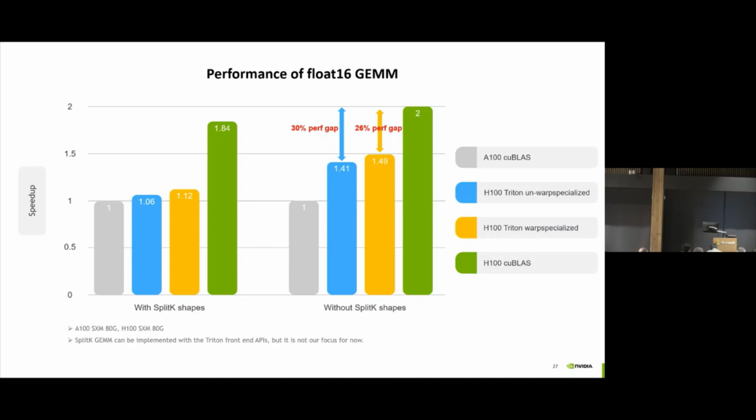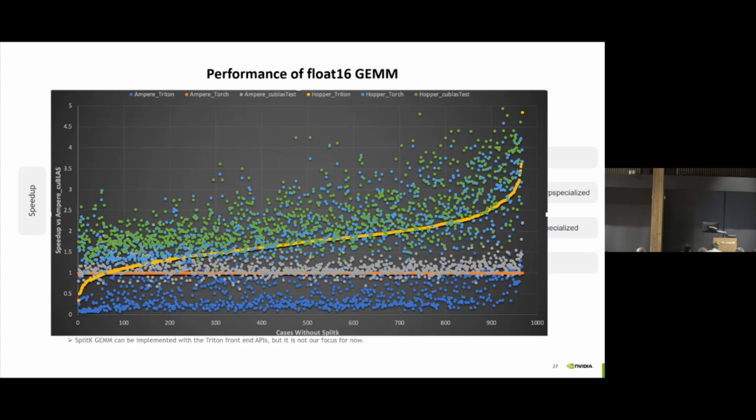Currently, there is around a 25 to 30% gap between the Triton kernels and the cuBLAS kernels, and this is for all the important problem sizes, not just square shapes but also some small shapes. We also have a more fine-grained plot here. On the x-axis are the shapes ordered by performance, and on the y-axis is the relative speedup.